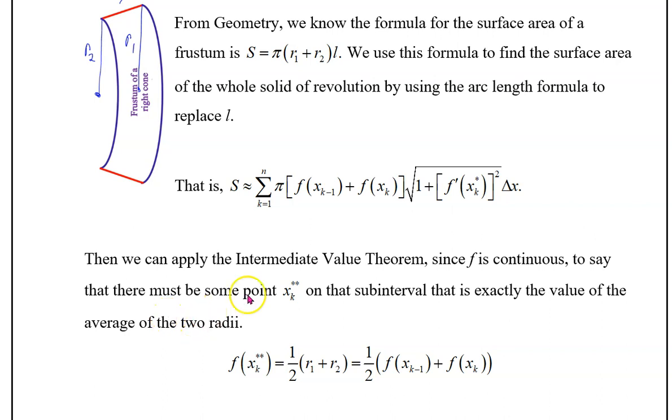So somewhere in there, there is an x sub k double star on that subinterval where its value is the average of R1 and R2. That means add R1 and R2 together and divide by 2. This will give us f of x sub k double star, and that's somewhere on that interval between x sub k minus 1 and x sub k.